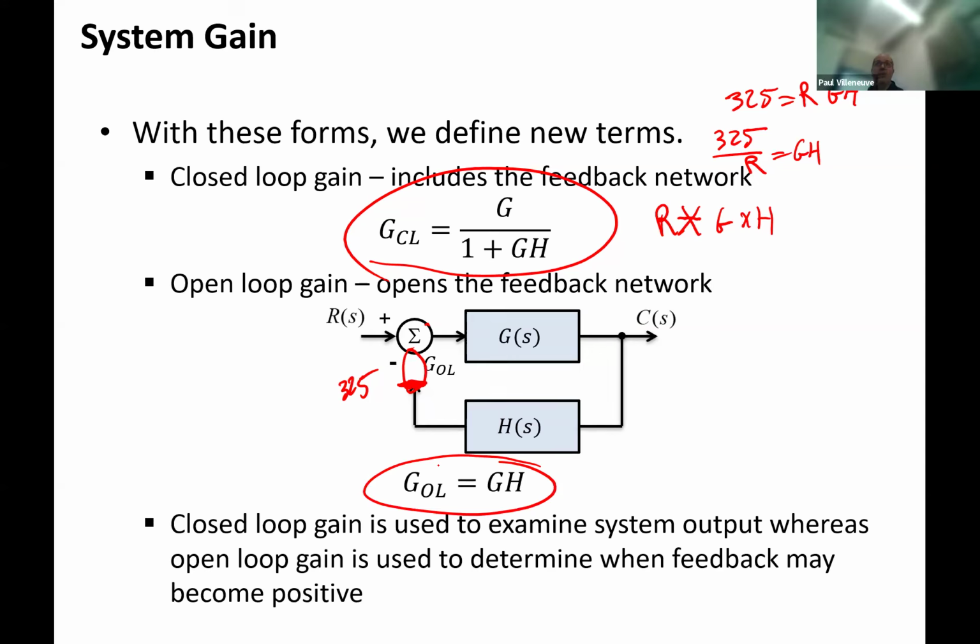Okay? Not the closed loop gain, it's the open loop gain. And the way that you find the open loop gain is you just multiply G times H, right? And we're going to see again, when we start doing steady state errors, when we do that type of stuff, it makes things really super helpful for us. All right.